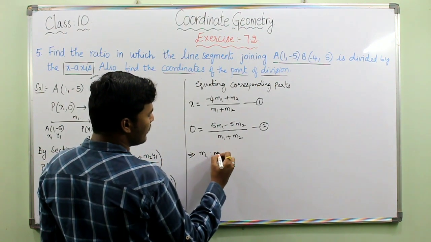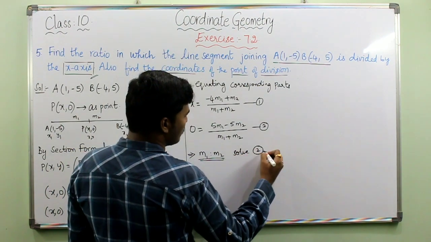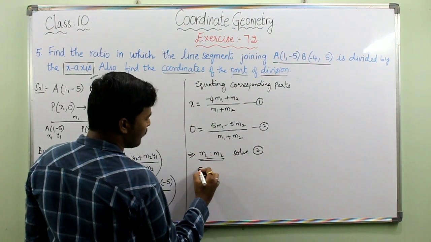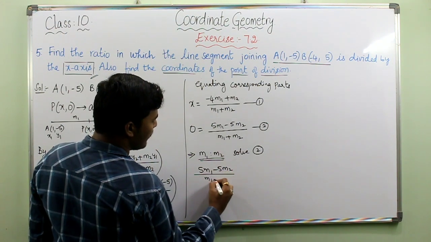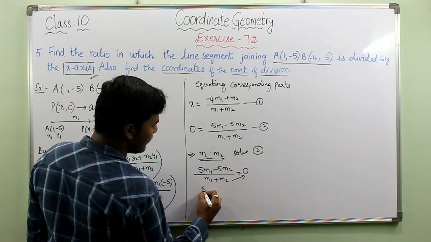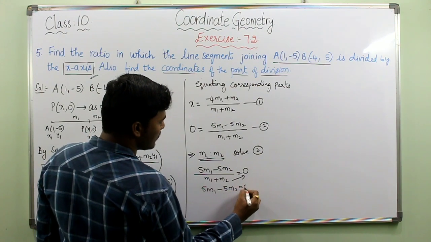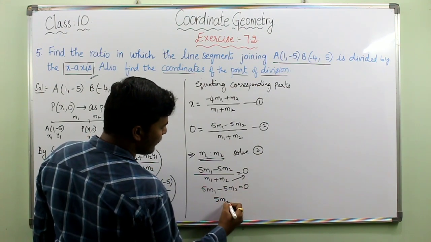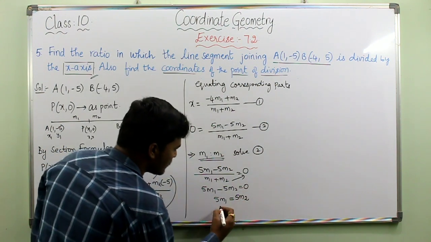So in order to get m1 is to m2, solving the second one, that is (5m1 - 5m2)/(m1 + m2) is equal to 0. If I shift this denominator to the other side, 0 into anything will become 0, then we will have 5m1 - 5m2 is equal to 0. So from this, 5m1 is equal to 5m2.